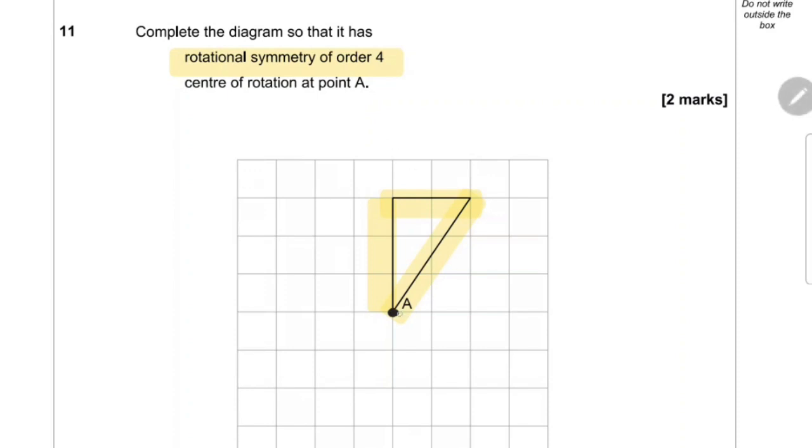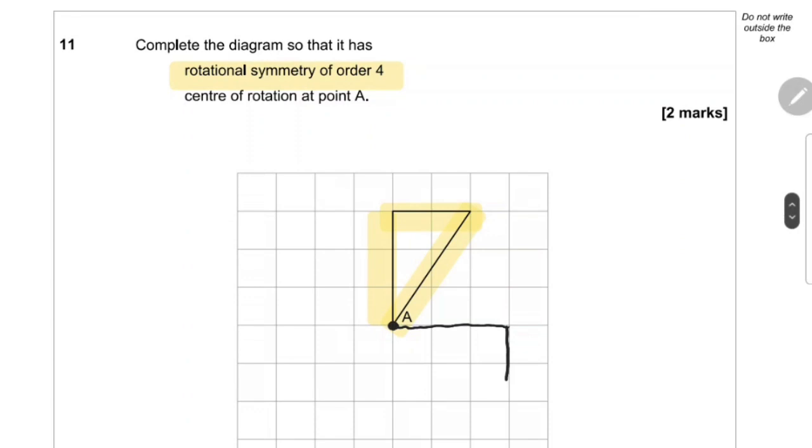So the first rotation would kind of be if you... So this point is going to stay in the same place because we're centering the rotation about that point. So the rest of the diagram is going to look like this.